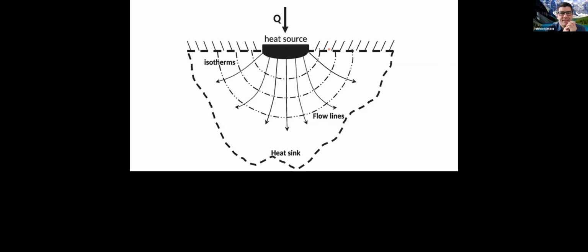Isotherms as lines, right, are illustrated in this image here. We might have a heat source here that is on an insulated surface. And in this case, the heat is going to flow away from the heat source. So they call it flow lines, but those are adiabats.